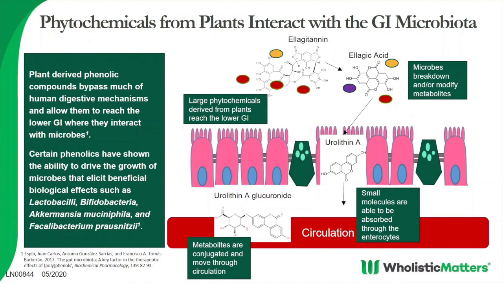So you can have the direct effect on the microbes, where you're inducing growth and decreasing growth, but then you can also, once some of these plant materials affect the microbes and are converted, have them directly impacting human health by way of some of the small metabolites that are produced from these various microbes. So you can have the larger effects on the population or these direct effects.